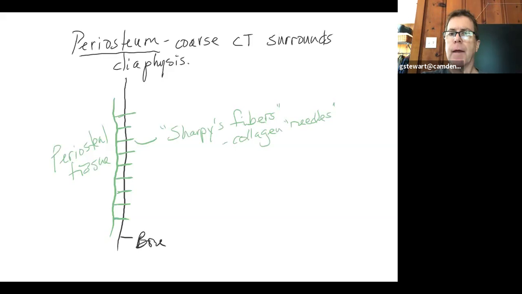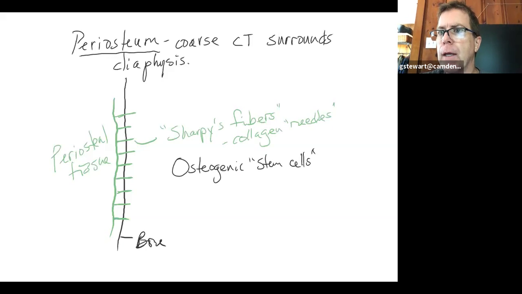So let's talk about some functions of this periosteum. There are osteogenic stem cells located underneath the surface in here. So kind of on top of the bone surface, but underneath the periosteal surface.